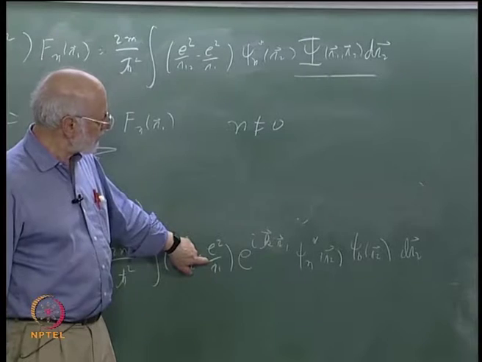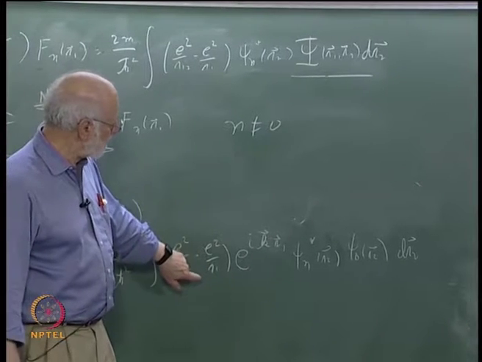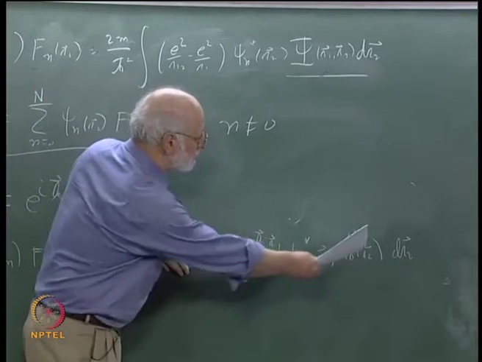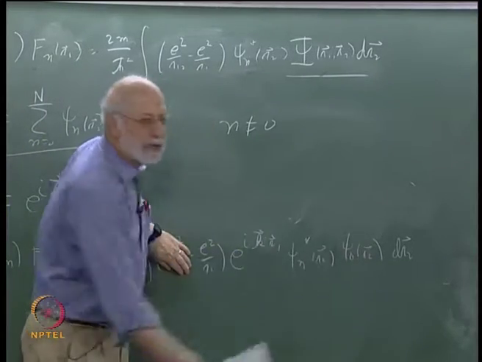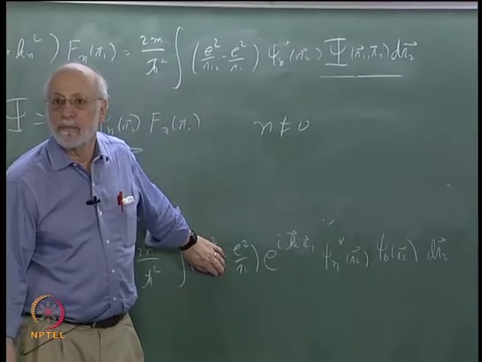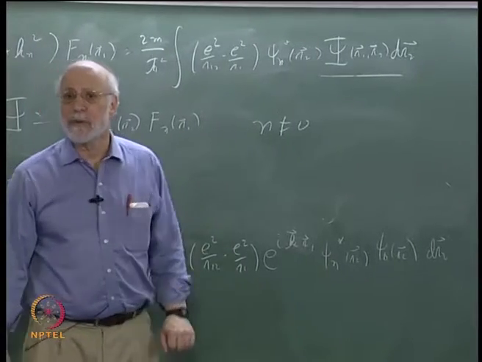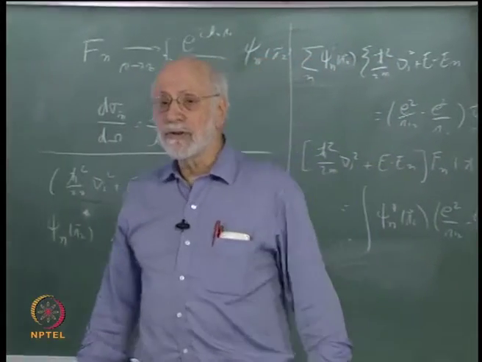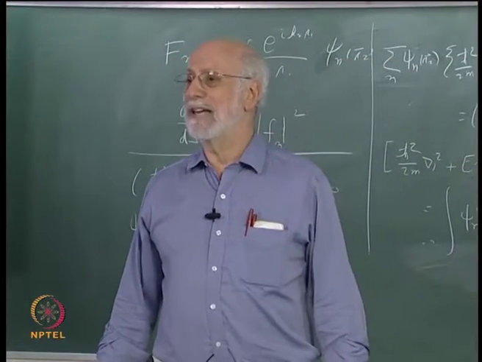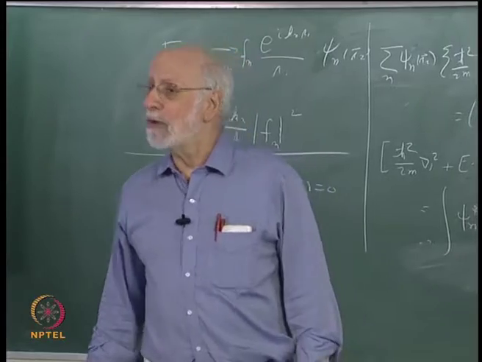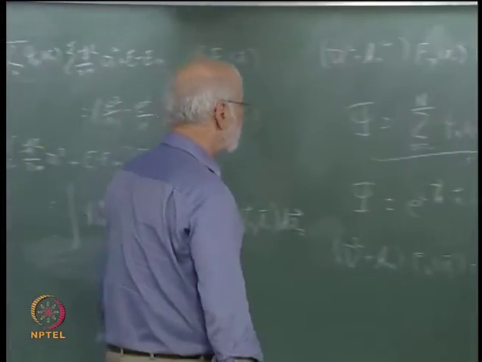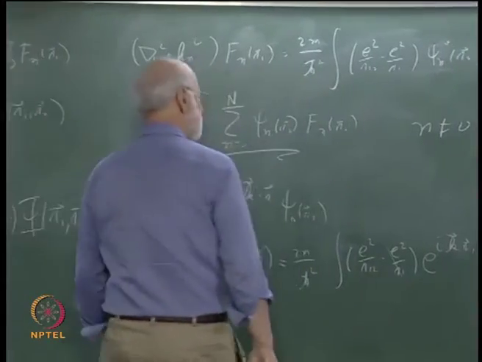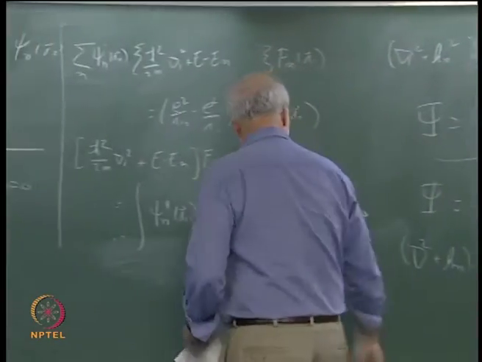If I forget about this term, these are the only two things that are dependent on R2. When I integrate over R2, that gives 0 because the wave functions for different states of the hydrogen atom are orthogonal. So for n not equal to 0, I can forget about that term. All right?